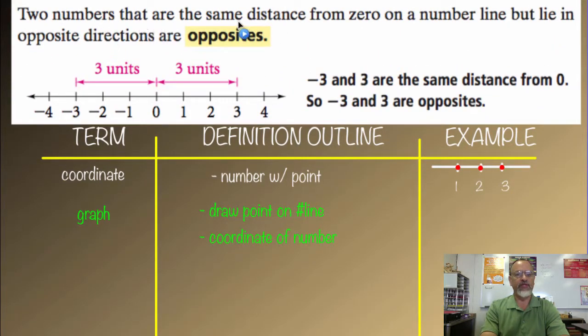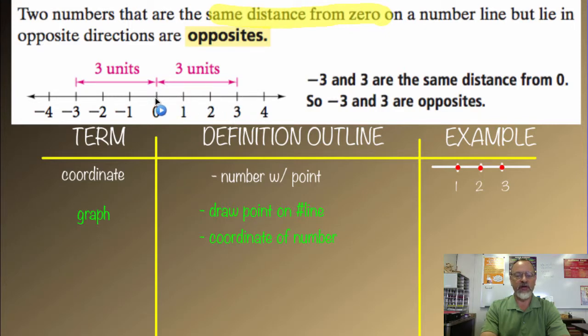Now, two numbers that are the same distance from 0 are what we call opposites. Numbers the same distance from 0 on the number line, but in opposite directions, are called opposites. This is a very, very important concept, and it comes into play later on when we're looking at absolute value. You'll notice the number 3. How far is that away from 0?